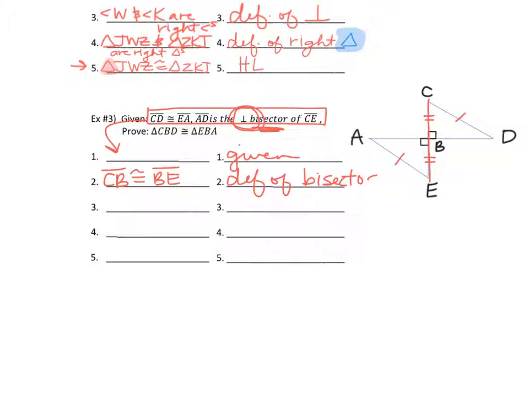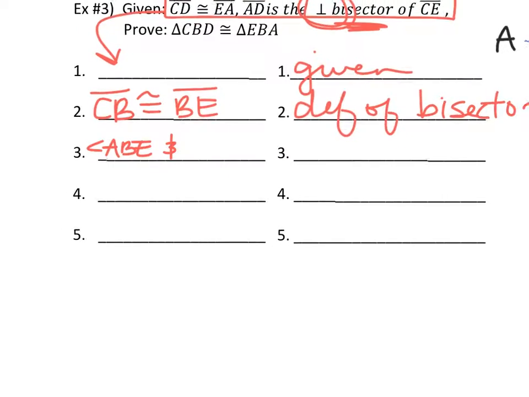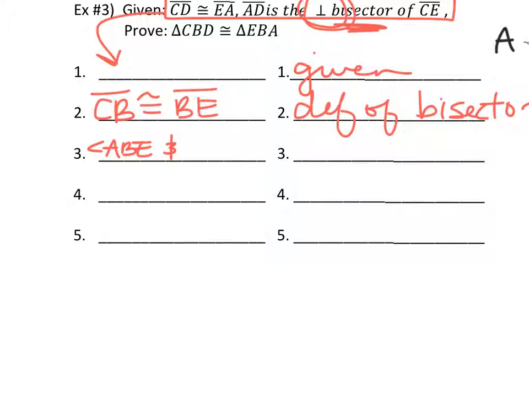They told us it is a perpendicular bisector. So we can say angle ABE, make this bigger so I can draw it smaller. Angle ABE and angle DBE, nope, DBC, sorry, are right angles.